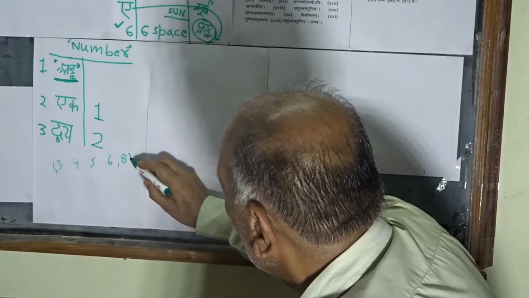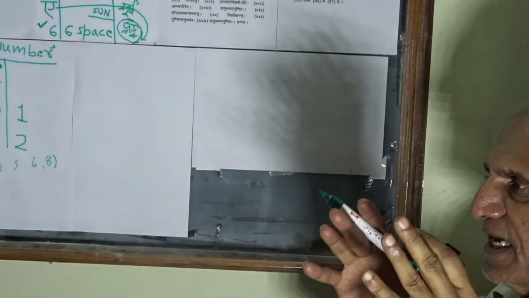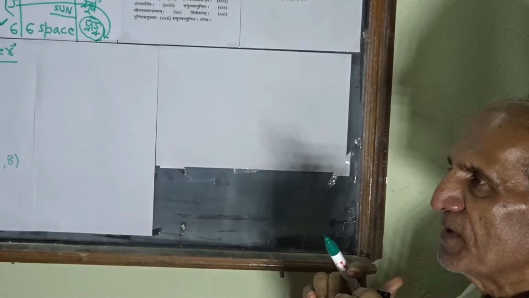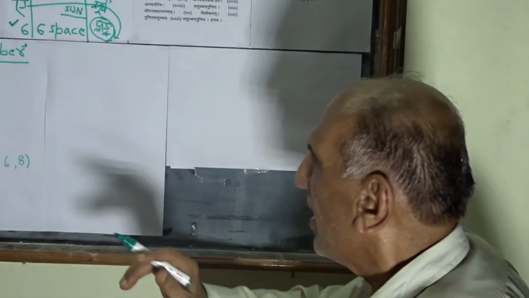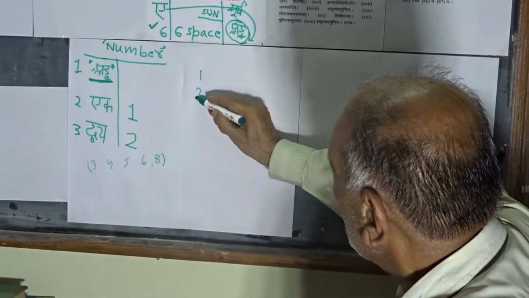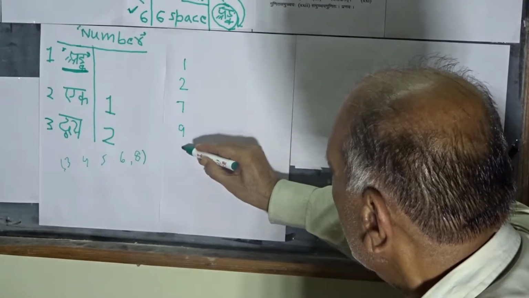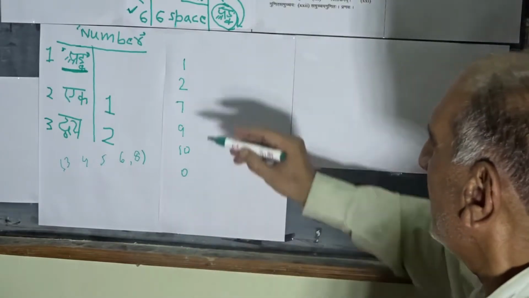Therefore, we shall make a note that the text of Ganita Sutras is a composition in the form of formulation and sub-formulations, and these sub-formulations are only with respect to the number values 1, 2, then 7, 9, 10 and shunya, 0 as well.